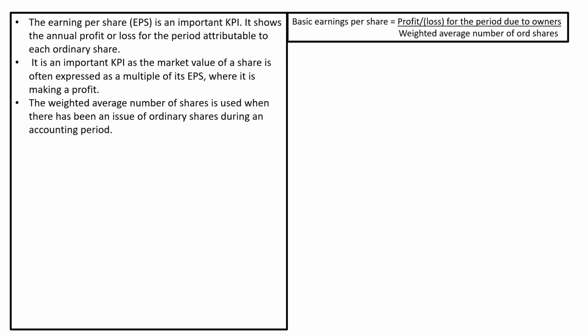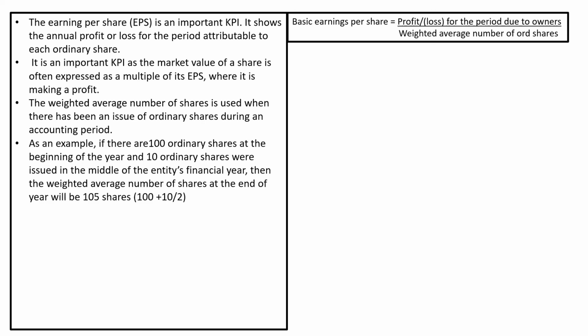The weighted average number of shares is used when there has been an issue of ordinary shares during an accounting period. As an example, if there are 100 ordinary shares at the beginning of the year and 10 ordinary shares were issued in the middle of the entity's financial year, then the weighted average number of shares at the end of the year will be 105.